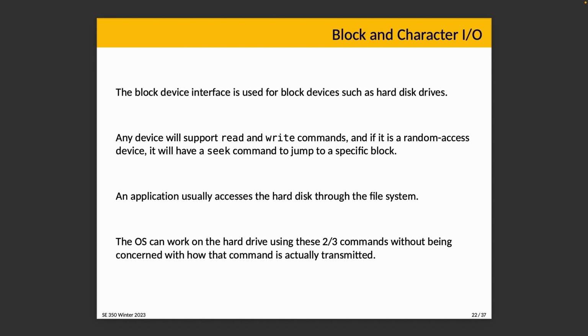We'll also talk a little bit about block and character I/O. So the block device interface exists, and it's used for block devices such as hard drives, and any such device supports read and write commands, and if it does allow random access, then there's a seek command to jump to a specific block.